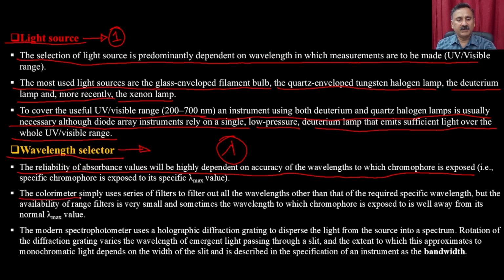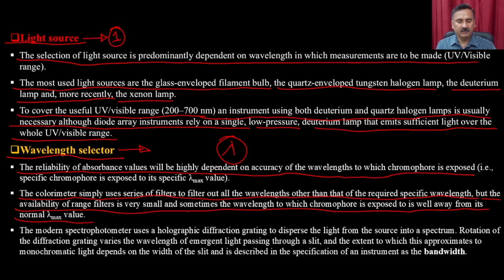The colorimeter simply uses a series of filters to filter out all wavelengths other than the required specific wavelength. But the availability of the range of filters is very small, and sometimes the wavelength to which the chromophore is exposed is well away from its normal lambda max value.